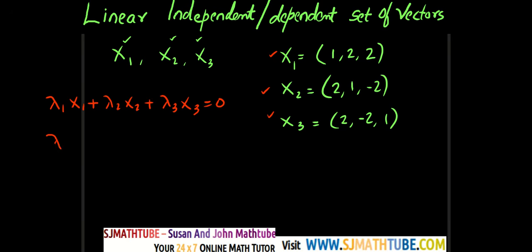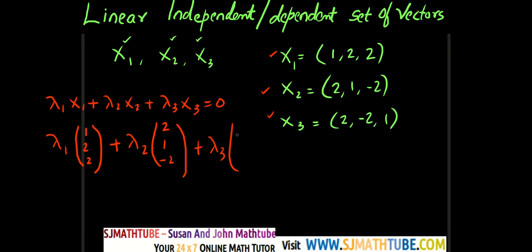Then I will substitute the values, and it is better if you write the vectors like this. It will be easy for you to simplify. So lambda 1 into (1, 2, 2) plus lambda 2 into (2, 1, minus 2) plus lambda 3 into (2, minus 2, 1) is equal to the 0 vector of the same dimension, (0, 0, 0).